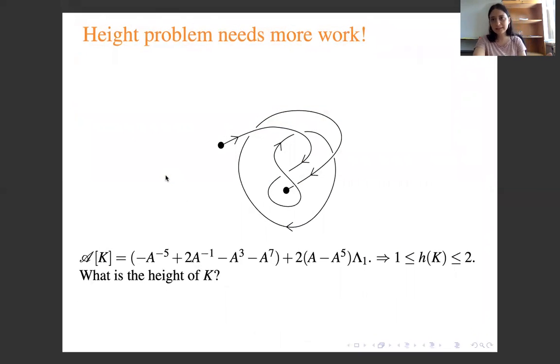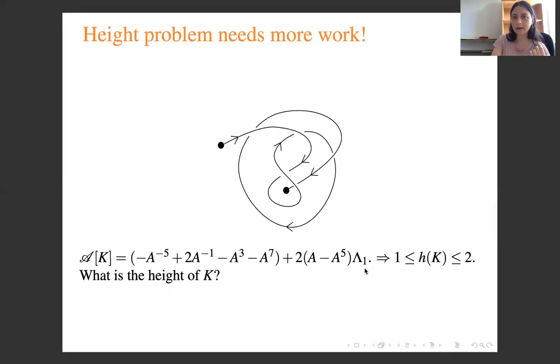So this problem needs more work. Actually, here is a more complicated knotoid diagram, and we can see from its diagram that the height of this diagram is 2. It needs at least 2 crossings to tie up these 2 ends here. So the upper bound for the height of this knotoid type is 2. And when we compute the arrow polynomial of this knotoid, we see that the lambda degree of the polynomial is 1.